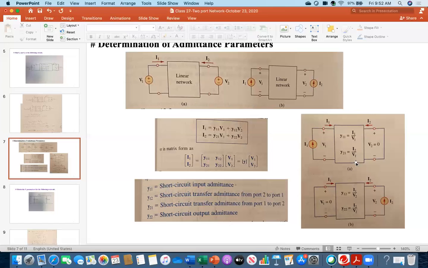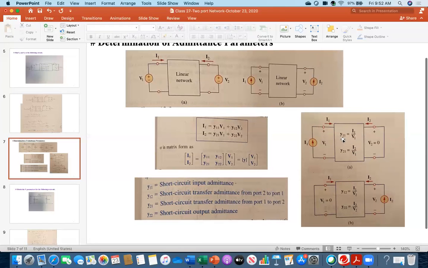So in particular, everybody write down those four expressions. Y11 is I1 over V1, Y21 is I2 over V1. For this case, just remember that you have to make the right side short. There will be I2 current flowing, but V2 is 0, and on the left side there will be I1 and V1.